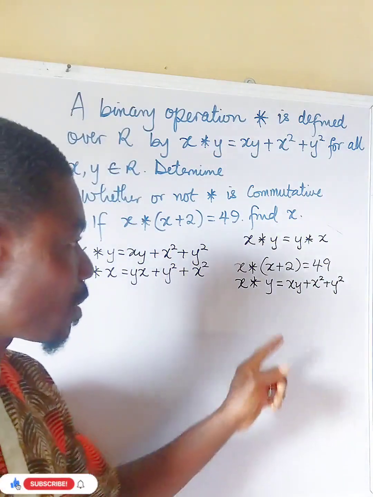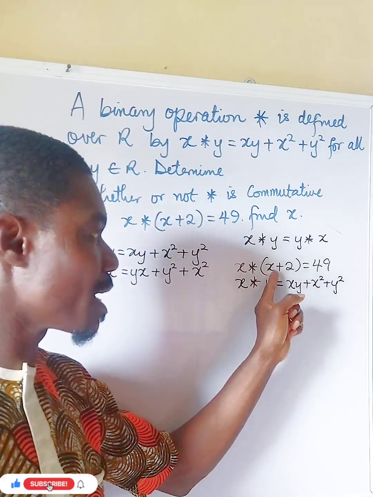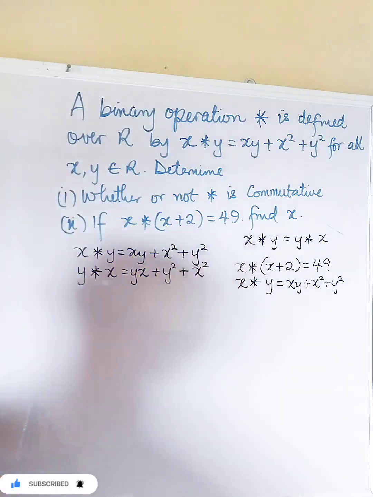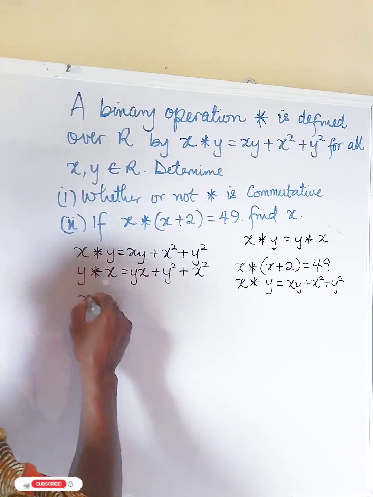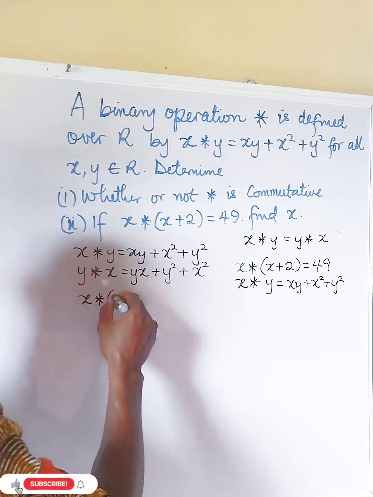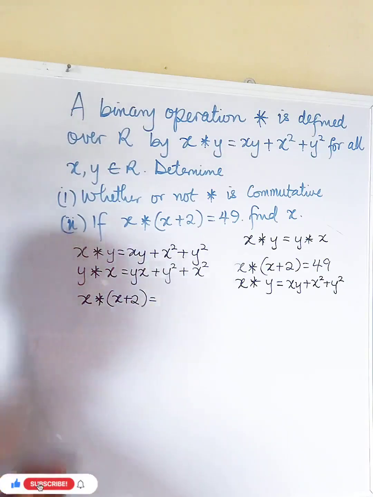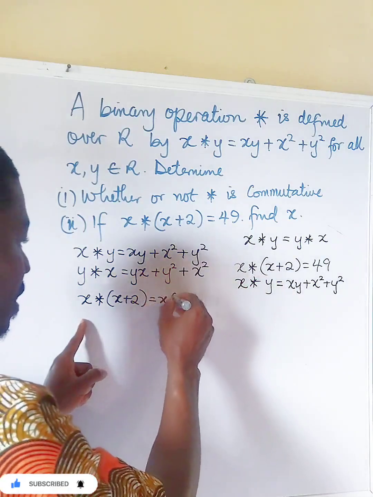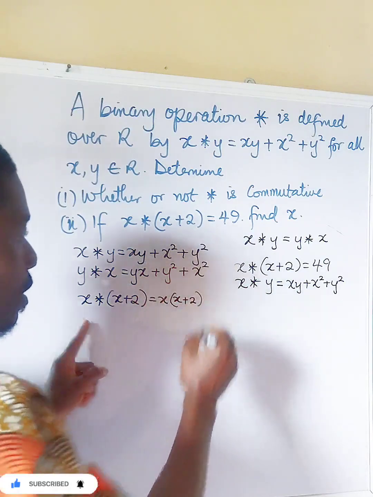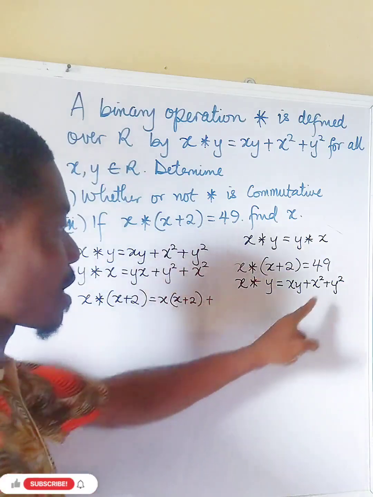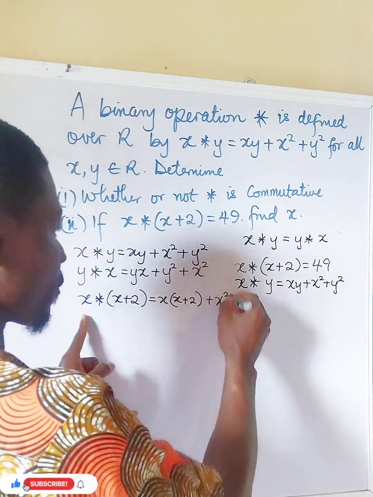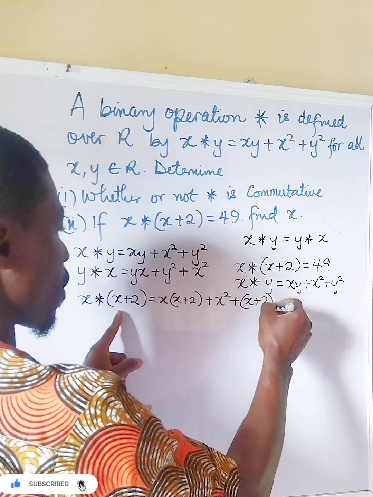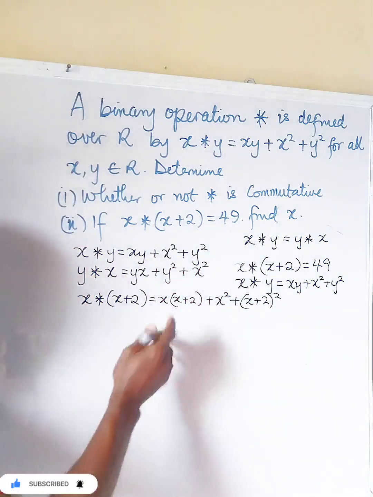So it implies that wherever we see y, we replace it with x plus 2, and wherever you see x, we have x. So in this case, we have x * (x + 2). The first term is x times y, which is x into (x + 2). Then plus x squared, then plus y squared, which means (x + 2) all squared.